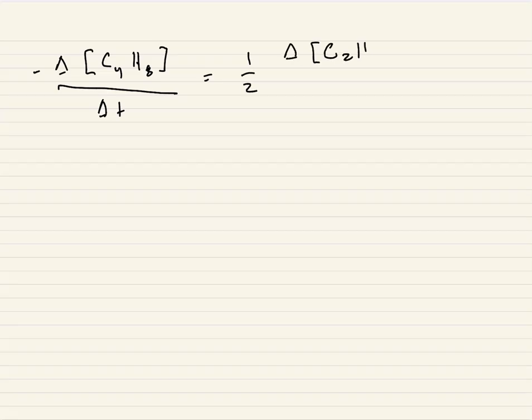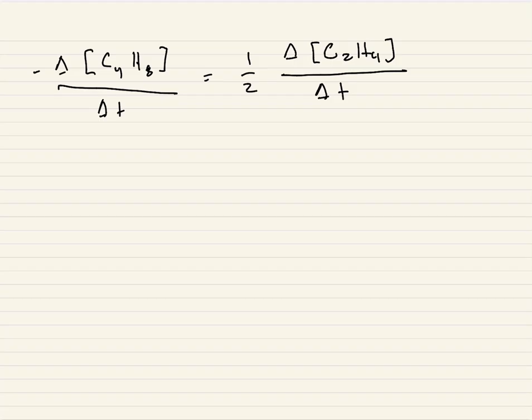So we're going to go from minus delta C4H8 over delta T is equal to 1/2 delta C2H4 over delta T. The time interval is still going to be the same, since it's only 10 seconds. You're just using a change in concentration that's different.